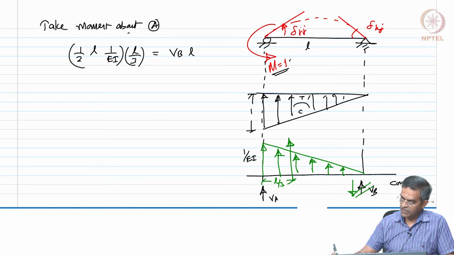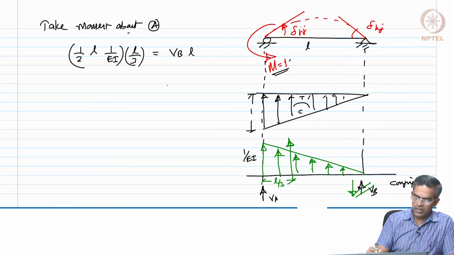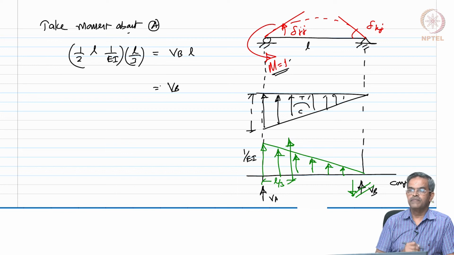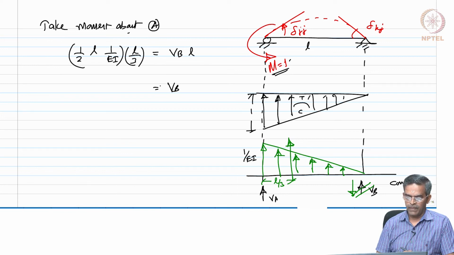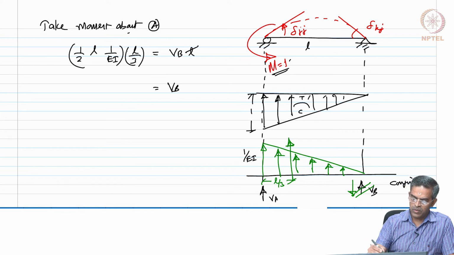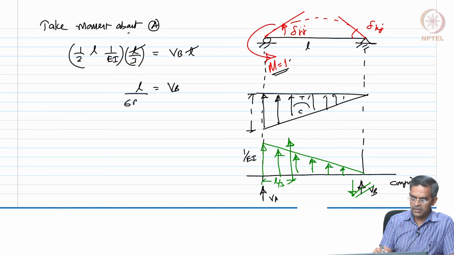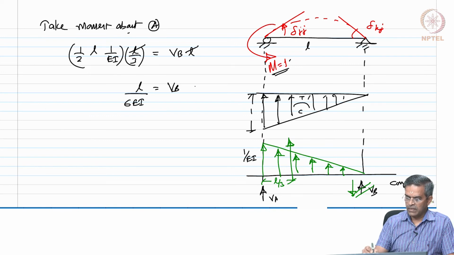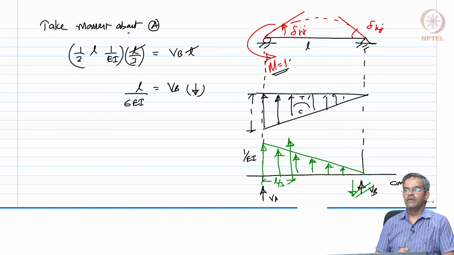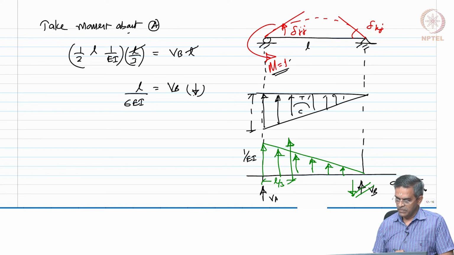Okay. So, I can now find VB as, so L goes away, so it is going to be L by 6EI, am I right? It is acting downward. Okay.